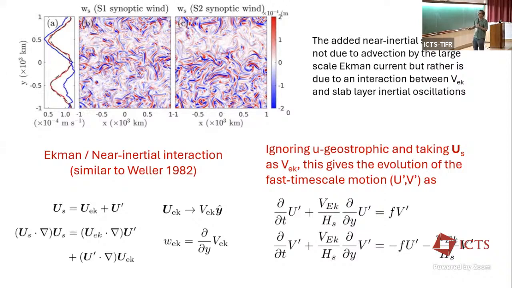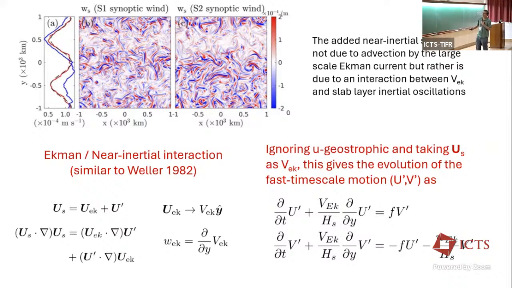I'm going to get partial derivatives of the fast U and V, or slab, and the Coriolis terms. I'm going to get advection by the Ekman velocity, so V Ekman d/dy of each of these. And then I'm going to get a V Ekman d/dy of U Ekman, which is shown over here.